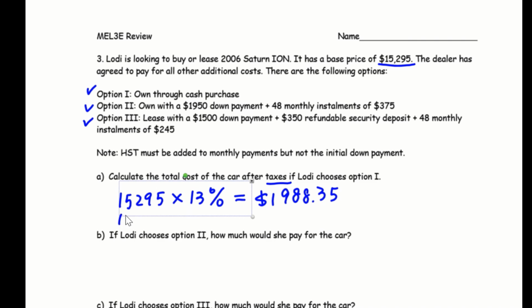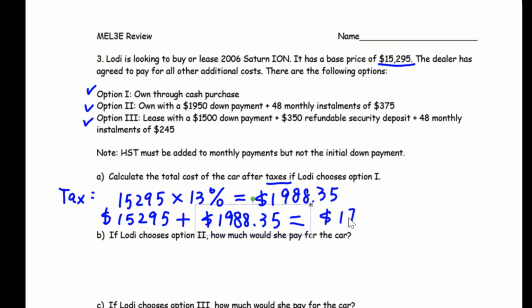So we need to add the original price plus this tax. Then that is your total. So plus 15295. The total is $17,283.35. So this is our first option, cash buy.